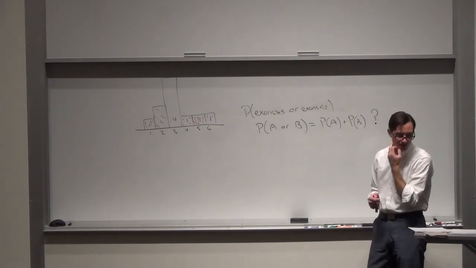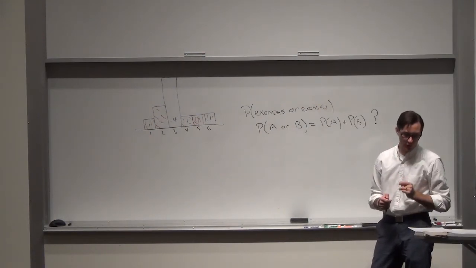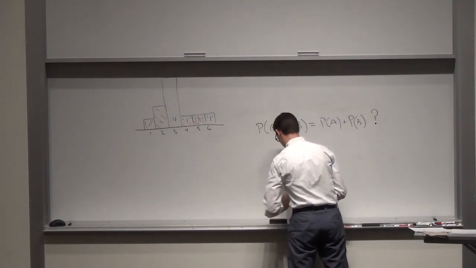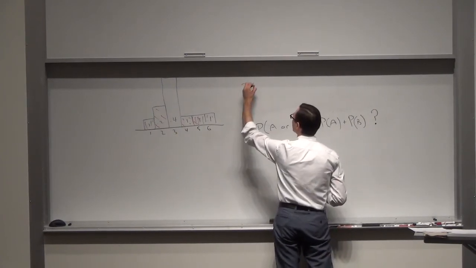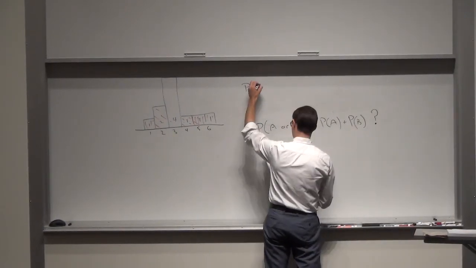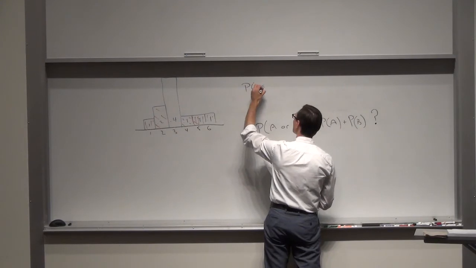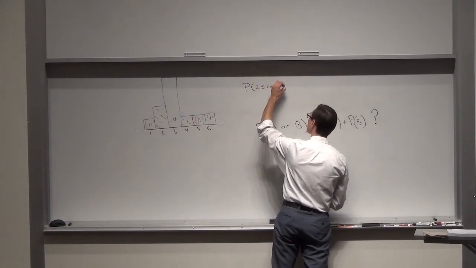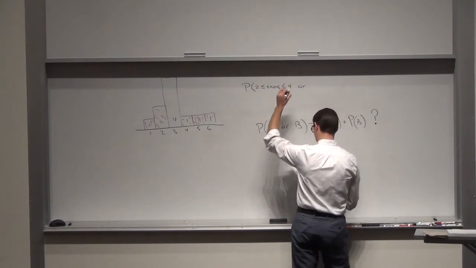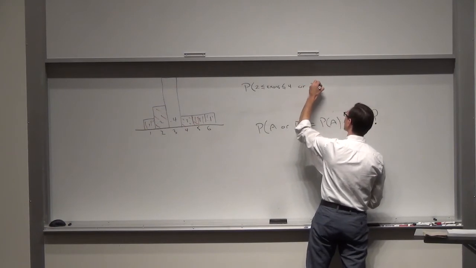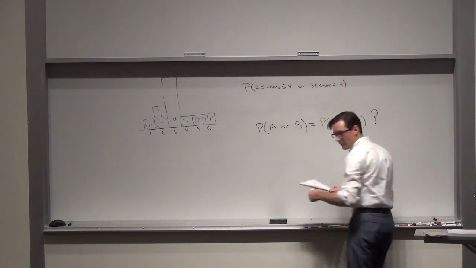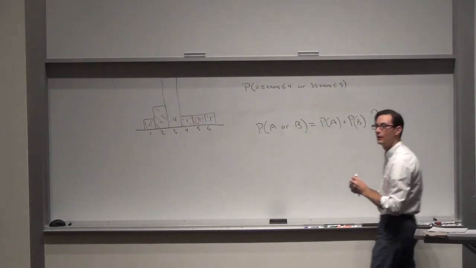All right, let's contrive an example where it's not going to work. Well-contrived example. Okay, so let's just figure out the probability of the independent parts.